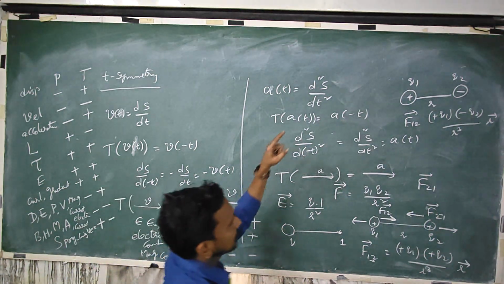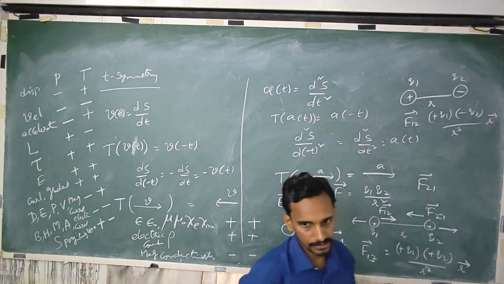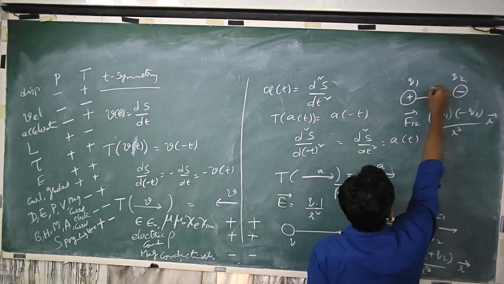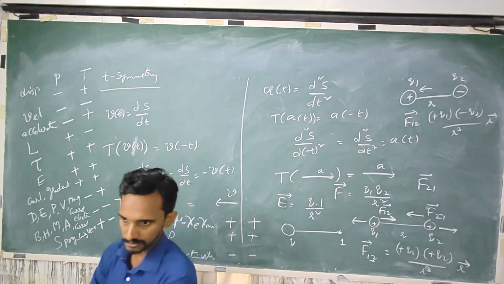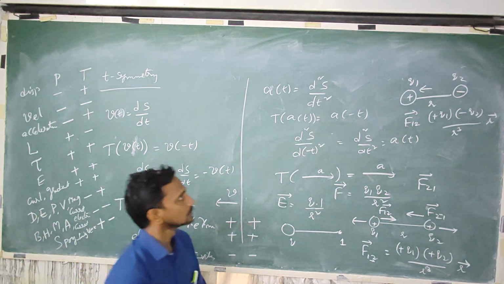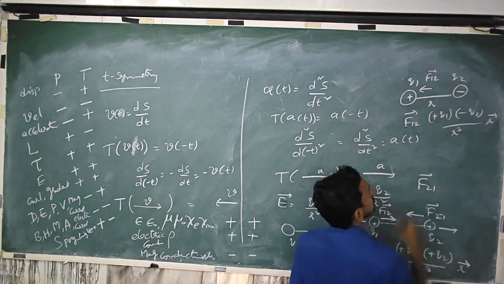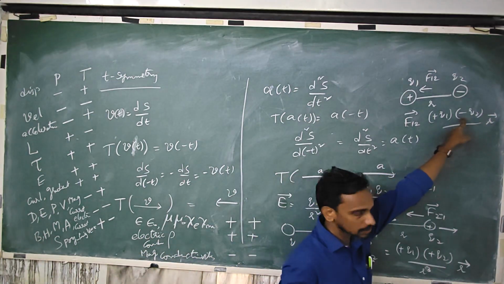So it is along the line connecting 1 and 2 with a negative sign. So the force produced by 1 will be in this direction. This is F12, because you have a negative sign over the charge.